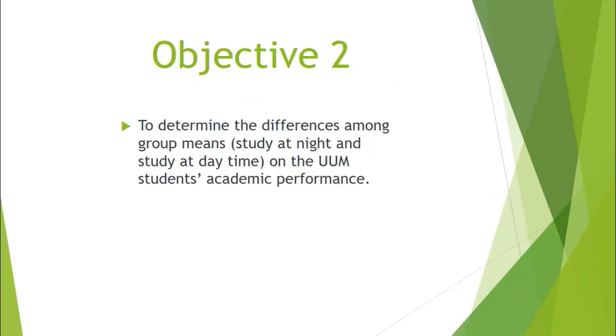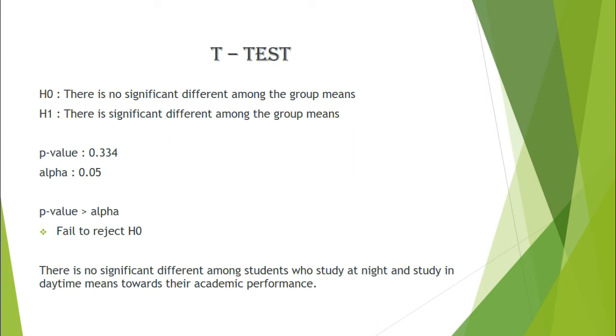The next one is objective 2, which is to determine the differences among group means between study at night and study at daytime on UUN students' academic performance. For objective 2, we use the independent samples t-test, where H0 is no significant difference among the group means, and H1 is significant difference among the group means.